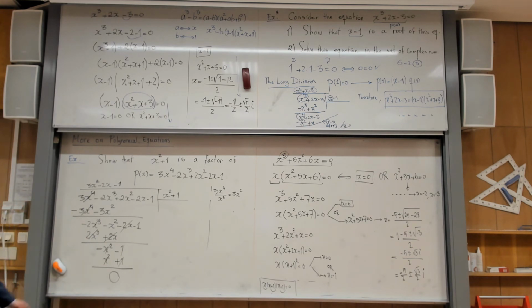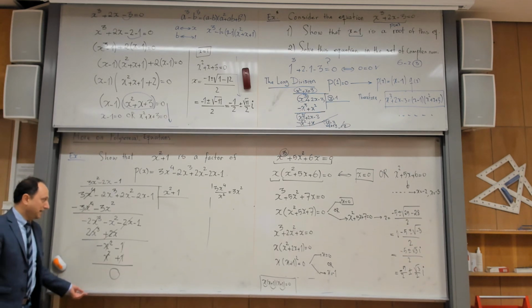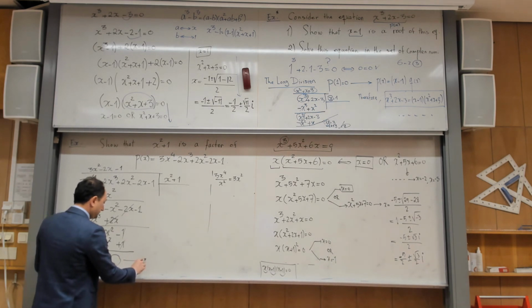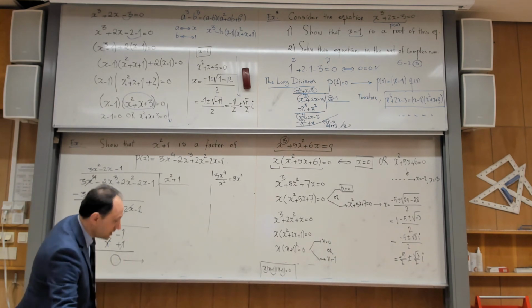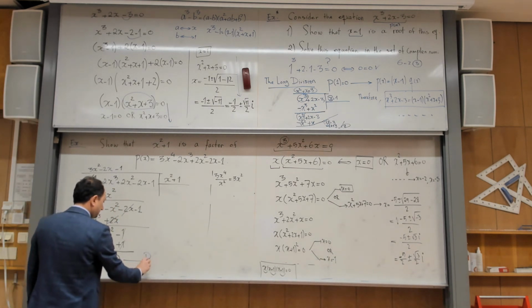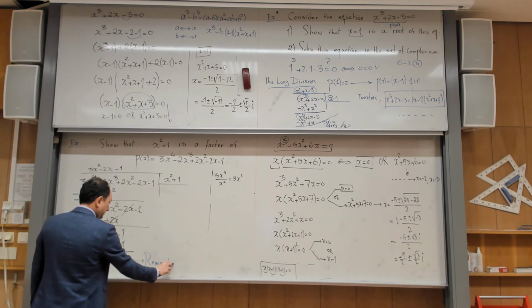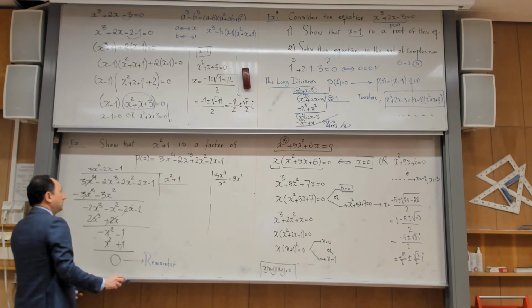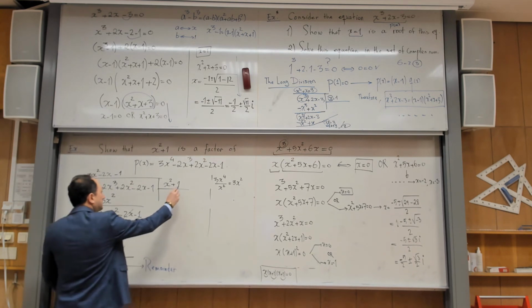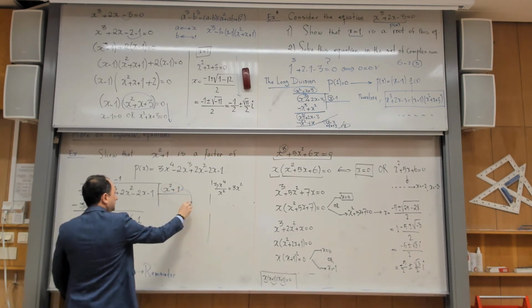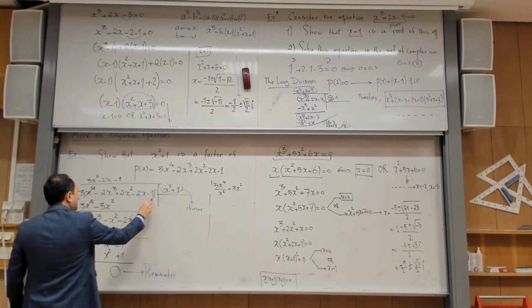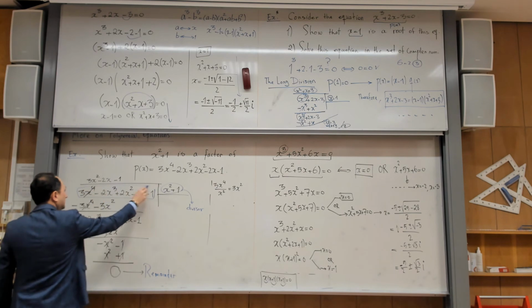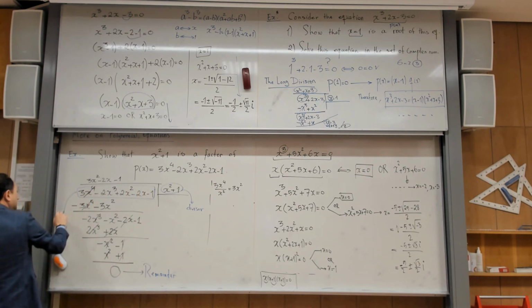So when you get this, it is called the remainder. So let me write the names. So this is the remainder. This is called the divisor. The whole expression here that you get is the dividend.